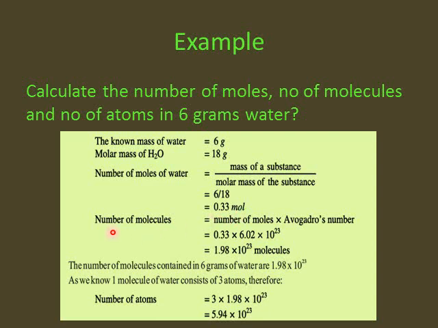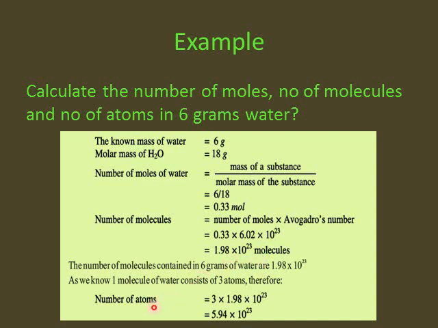Now how can I find the number of molecules? Basically, the number of molecules here is the number of particles. And the formula for finding the number of particles I have told you before in the last slide: the number of moles will be multiplied with Avogadro's number. So the number of moles which we found, 0.33, will be multiplied with Avogadro's number. Here we will get the number of molecules.